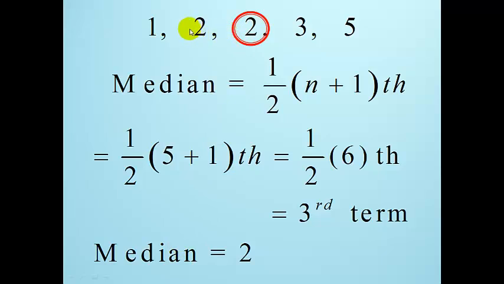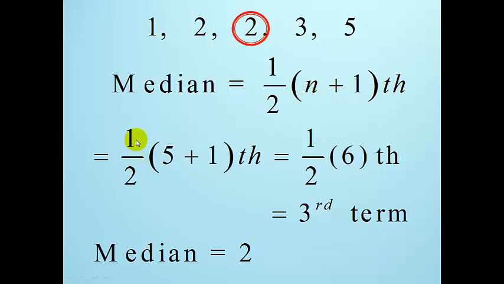So the median is given by half n plus 1 item. Now n is equal to 5. I repeat, after arrangement we have 1, 2, 2, 3, 5. Now because n, that is 5, is an odd number, the median is calculated using the relation: median is equal to half n plus 1 item, and n has given us 5.